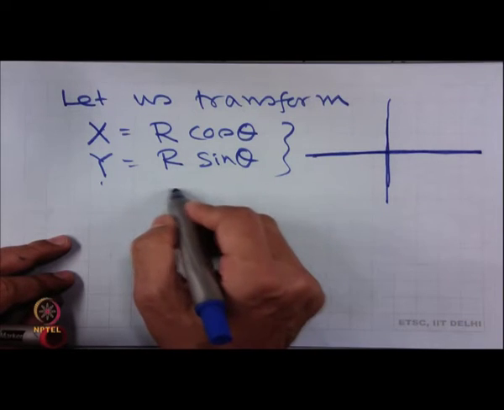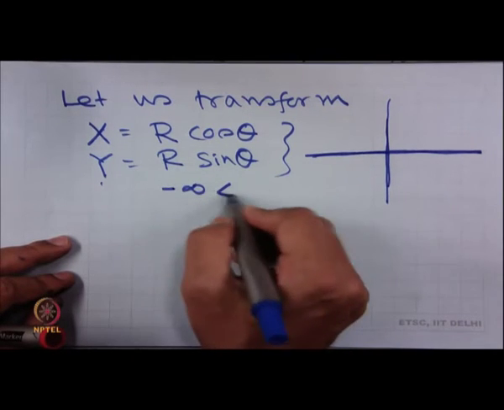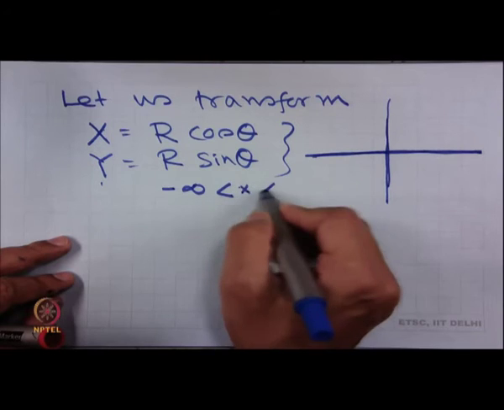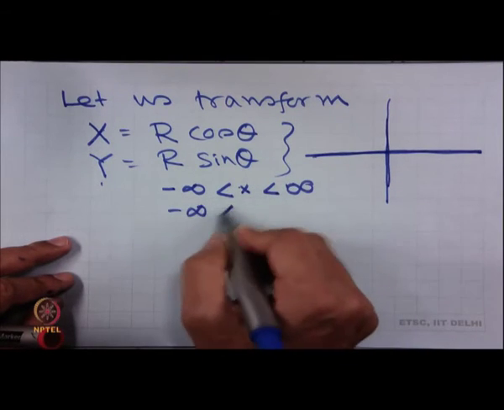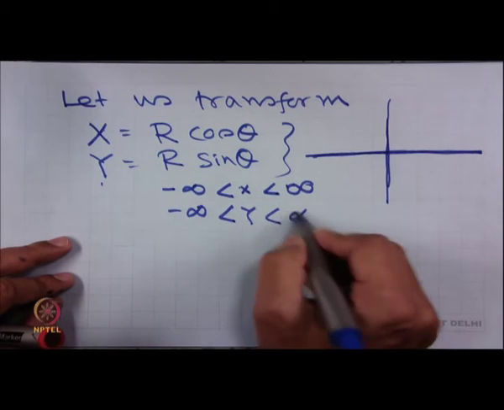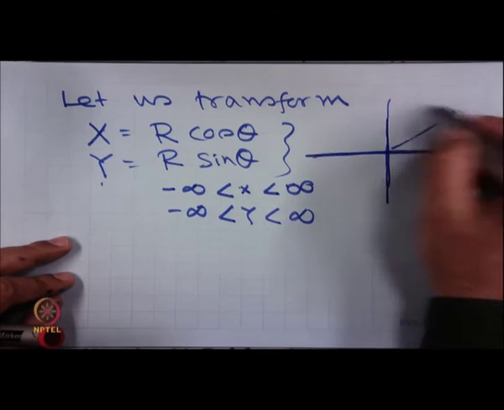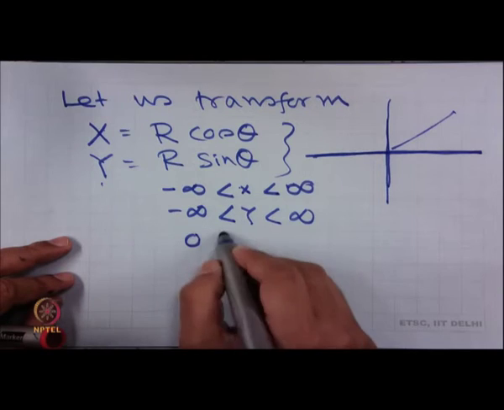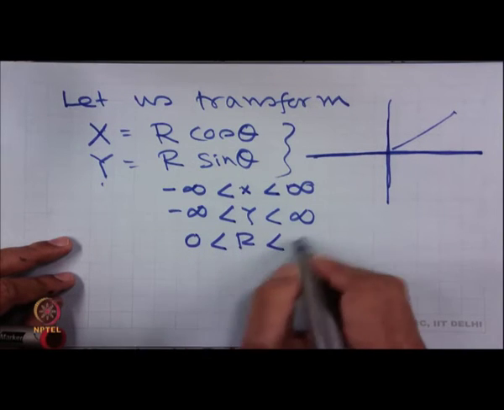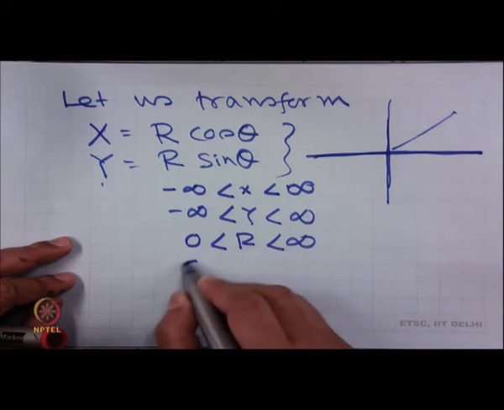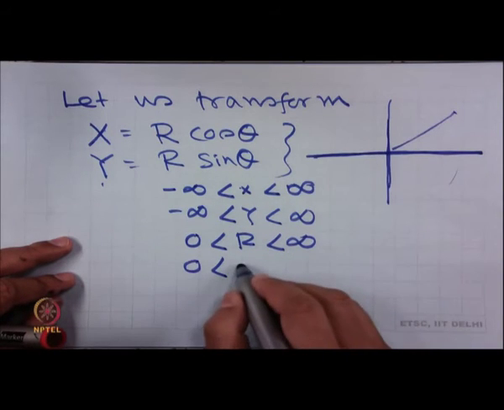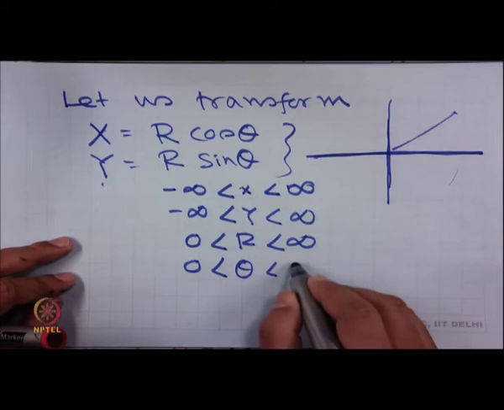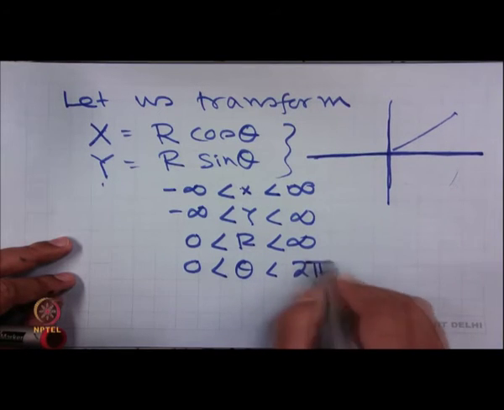Therefore, minus infinity less than x less than infinity, minus infinity less than y less than infinity, r is the radius of transformation. Therefore, r is going to be from 0 to infinity and theta is covering the entire plane. So, theta will belong to 0 to 2 pi.